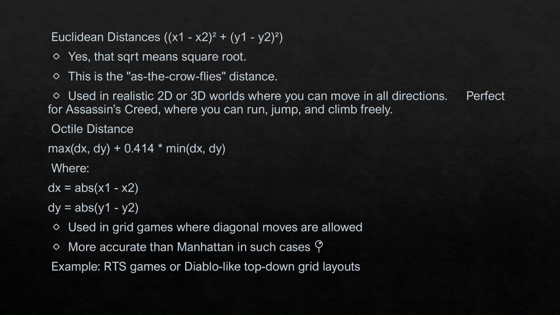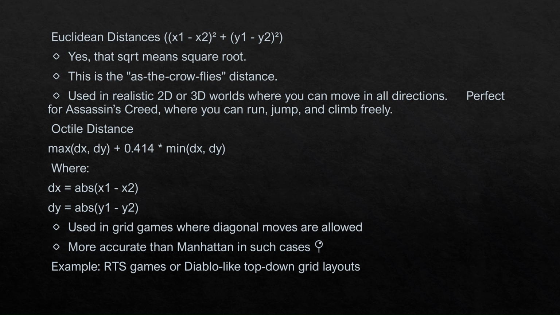And then we have the Euclidean distance. Euclidean distance is used in realistic 2D or 3D worlds where you can move in all directions. Perfect for Assassin's Creed, where you can run, jump, and climb freely. When you look at the formula, it has to start with a square root.